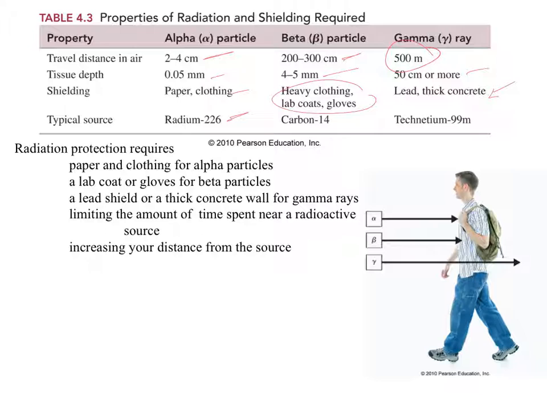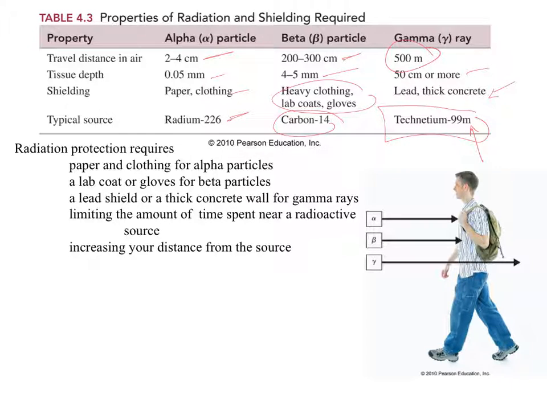Typical source, not the only source, but just the most common. To get an alpha particle, you're typically looking at a radium-226 unstable isotope. For beta, we use a lot of times carbon-14, and for gamma, oftentimes technetium-99m. What does the M mean, you might ask? It's called metastable, but basically it's a technetium-99.